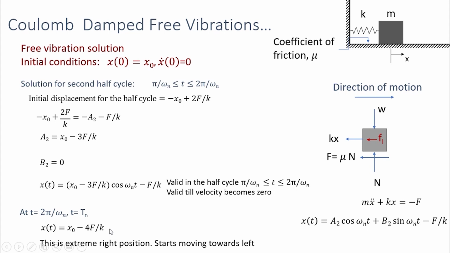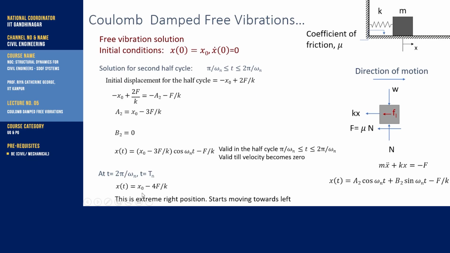So at the end of the first half cycle, the displacement was minus x naught plus 2f by k. So now at the end of second cycle, it is equal to x naught minus 4f by k.